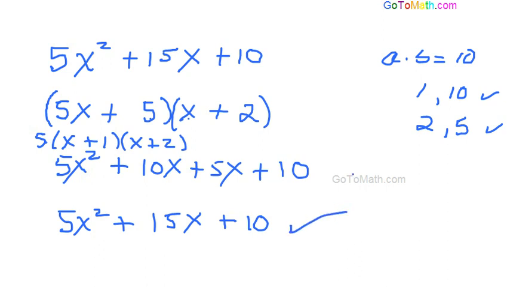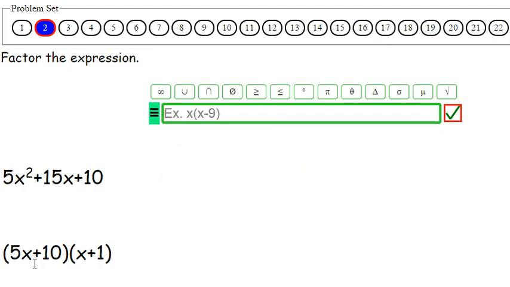Now, this is one of them, obviously. And of course, you could factor a 5 out of all of this. Well, I guess we got more than one solution here.